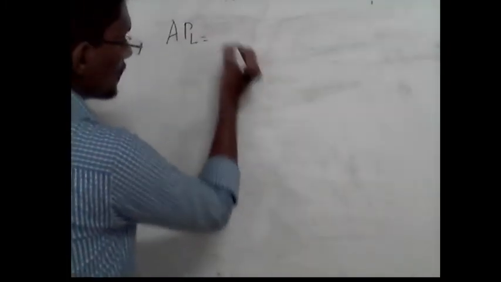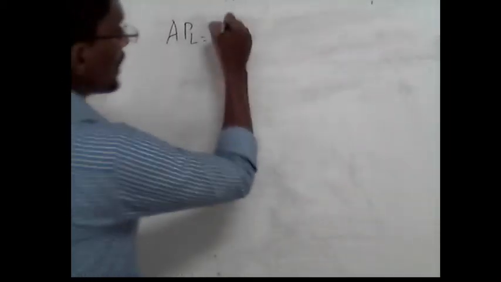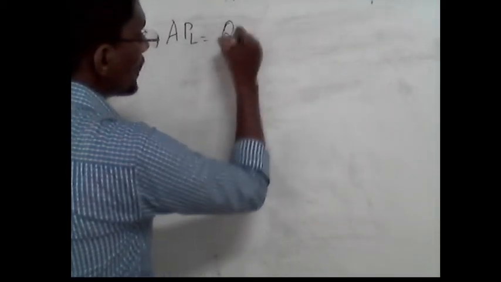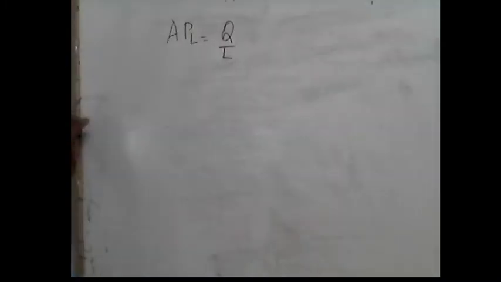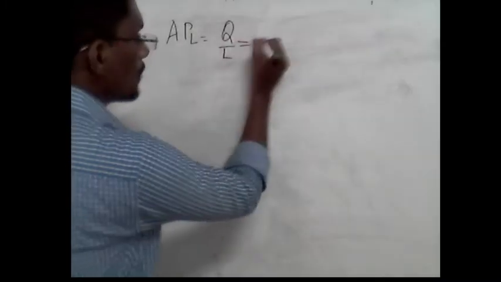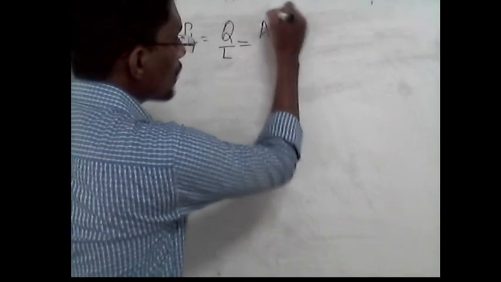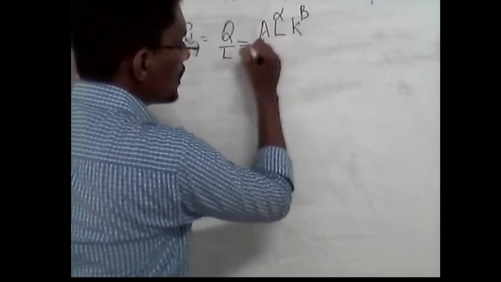Thereby, if you take the average product of labor, this is equal to Q by L. Thereby, this is A L raised to alpha K raised to beta divided by L.